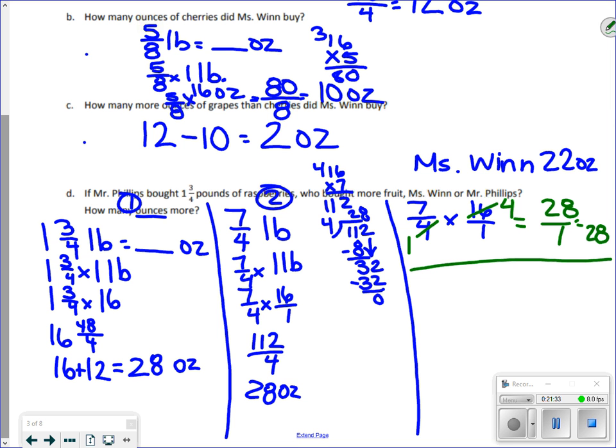Another one of my students said, oh, from up top on A, I know that 3/4 of a pound was 12 ounces, because that's from A. And I know that 1 pound is 16 ounces. 16 and 12 is 28.